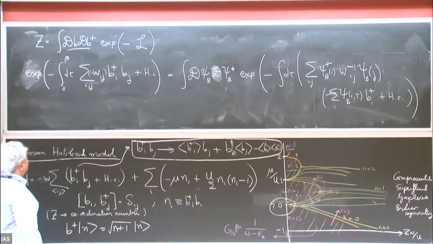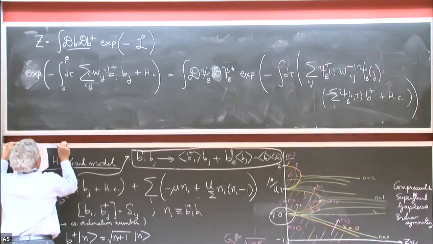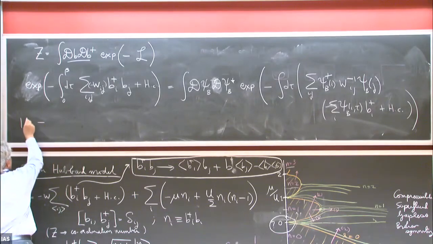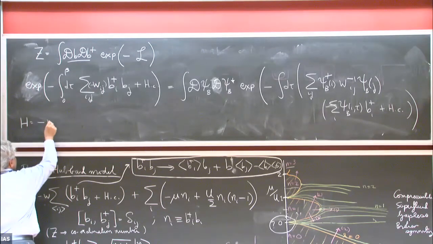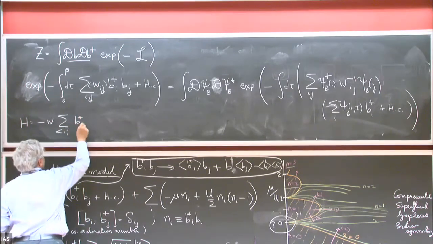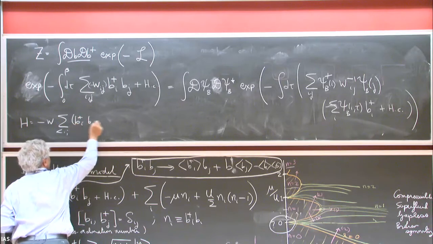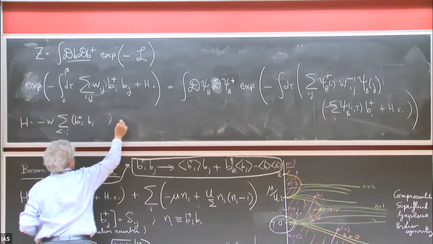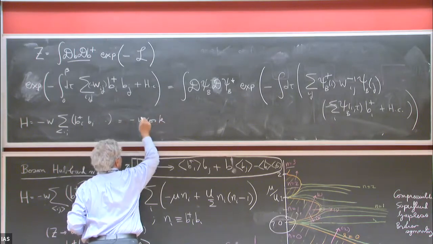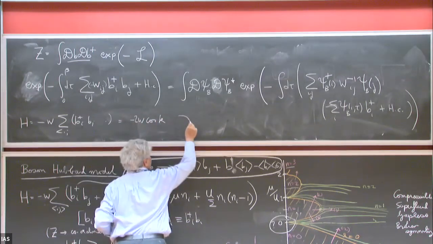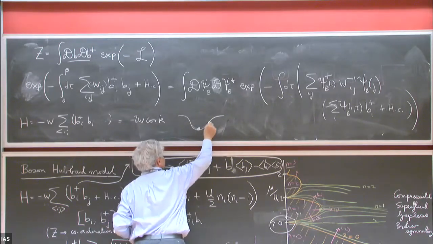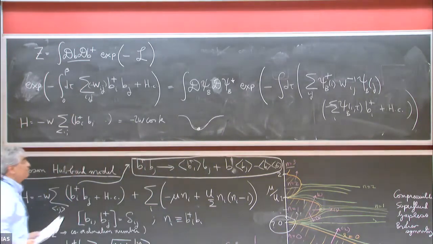Okay, so if you have the following Hamiltonian, minus W sum over neighbors of B dagger i B j, that gives you dispersion, which is minus W cosine K, which looks like this, with a minimum at K equals 0. And so that's K squared. Thank you.